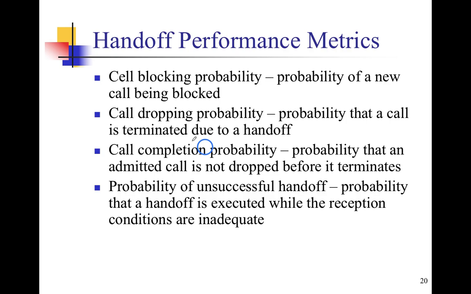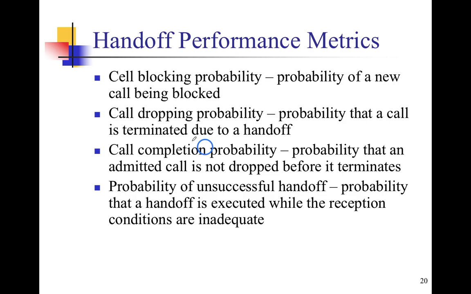We come to the handoff performance metrics. These are metrics to measure when to do the handoff. Cell blocking probability is the probability of a new call being blocked.